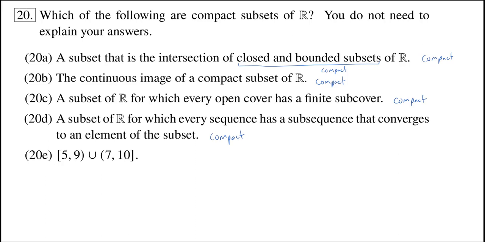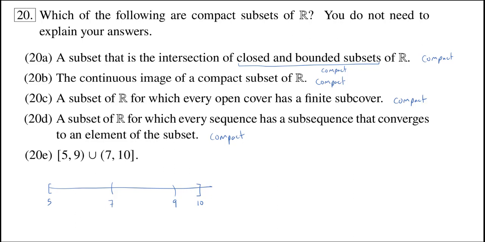Okay, so our last one gives us a specific union of intervals. So let's draw a picture. Make sure we don't get this one wrong. So first, we have 5 to 9. Let me start at 5, and we'll go all the way to 9. We don't include the endpoint 9. Then we're going to take a union with 7. Maybe that'll start about there. And we go all the way to 10, and we get to include the endpoint.